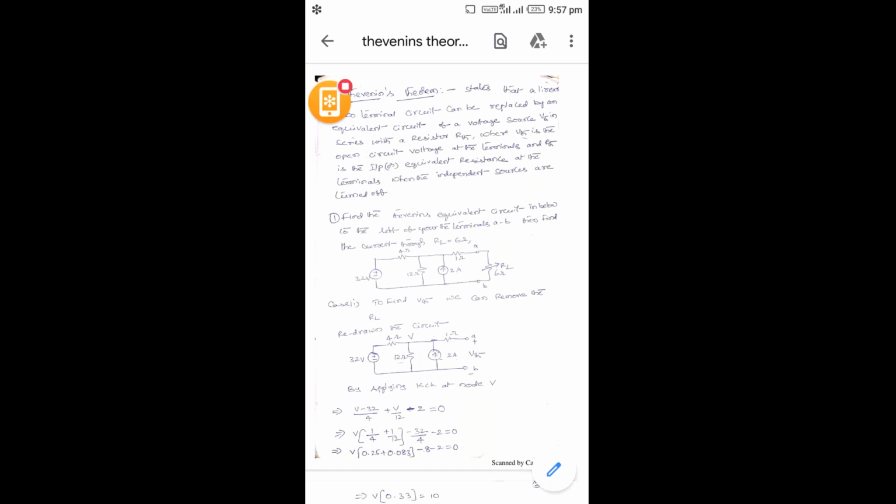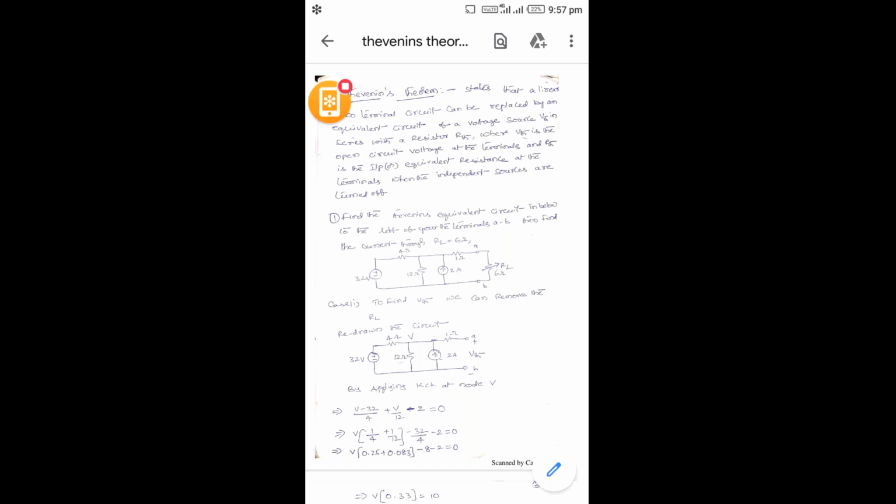Now let us apply this theorem to the problem below. Find the Thevenin's equivalent circuit to the left of the terminals A and B, and then find the current through the load resistance of 6 ohms.